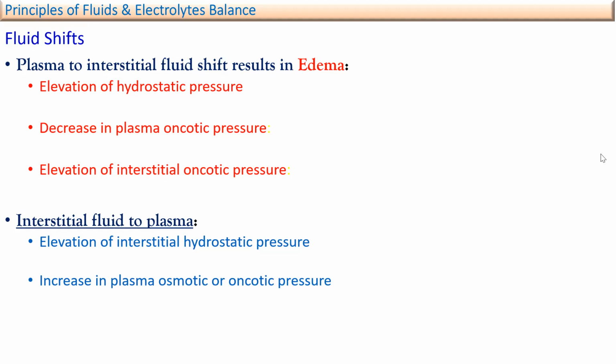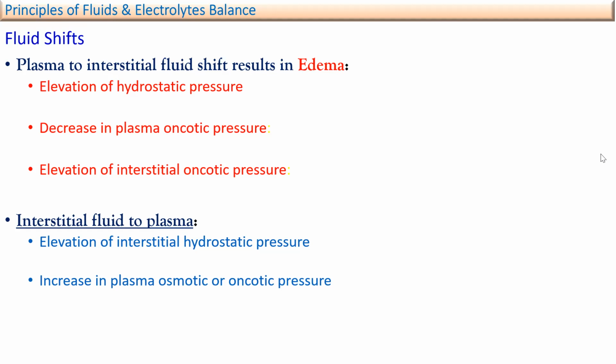The second force that would result in fluid being pushed from the interstitial space back to the plasma is the increase in the plasma osmotic or oncotic pressure.